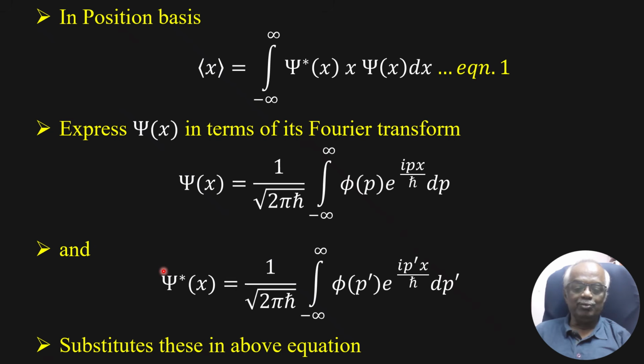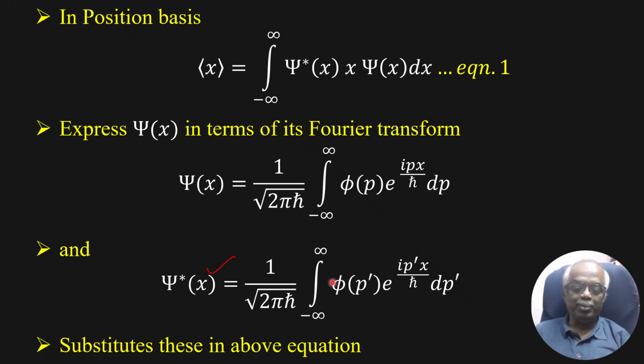And we know psi star of x is equal to the same 1 over square root of 2 pi h cross, and for psi star we use a different momentum, p prime, in order to differentiate the two.